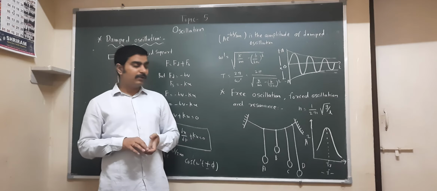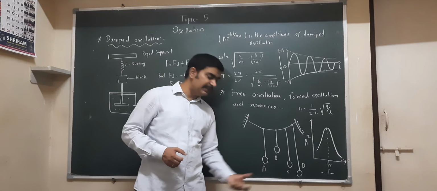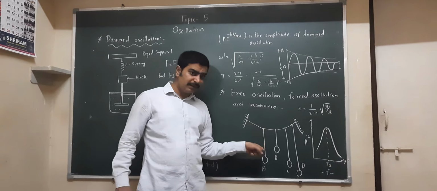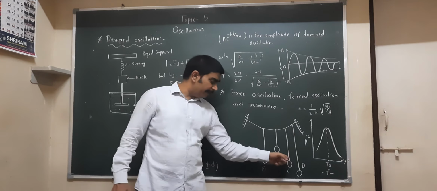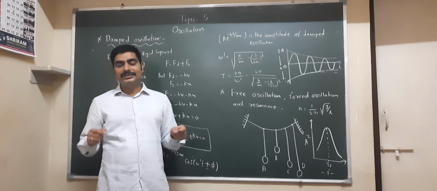Again it is observed that the amplitude of A and the amplitude of C are the same. It means the frequency of the applied force and the vibrating body are both the same. At that time the resonance condition is created.